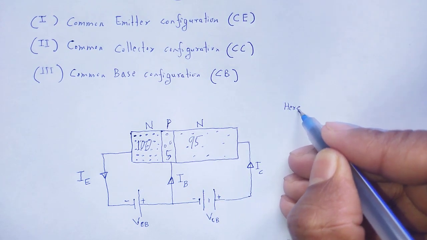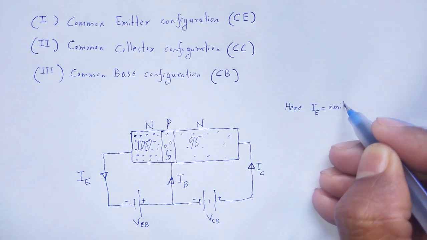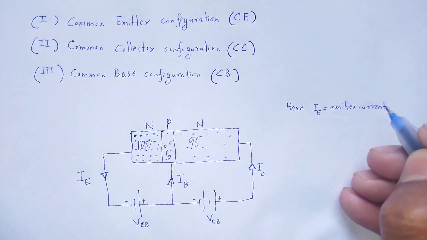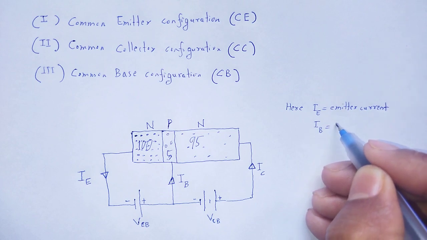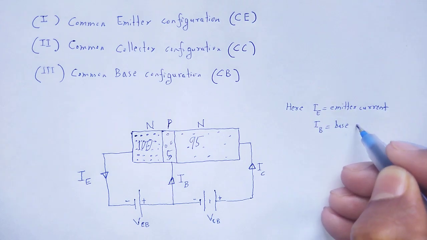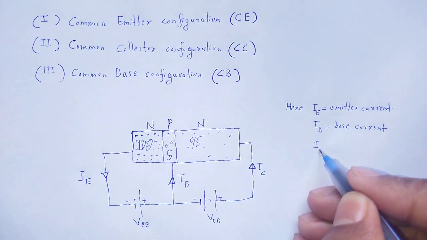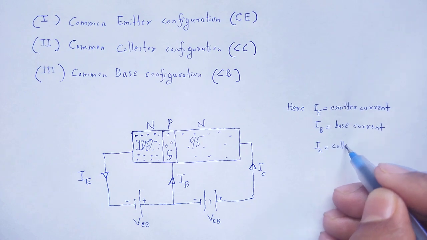Here I of E is the emitter current, I of B is the base current, and I of C is the collector current.